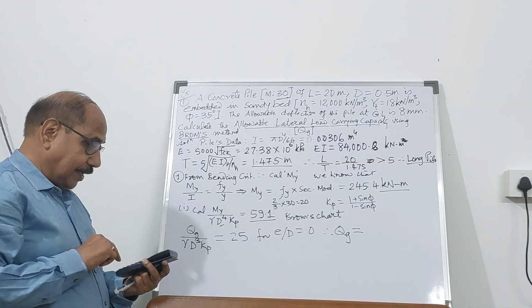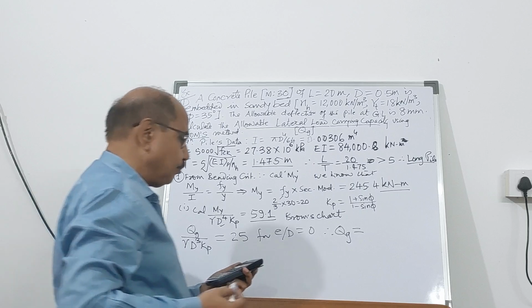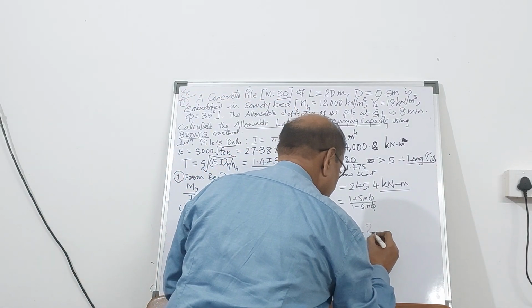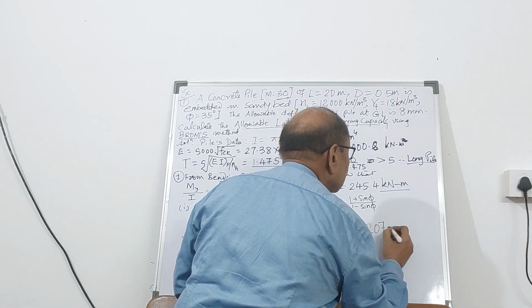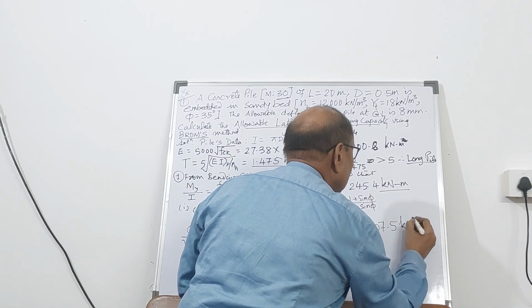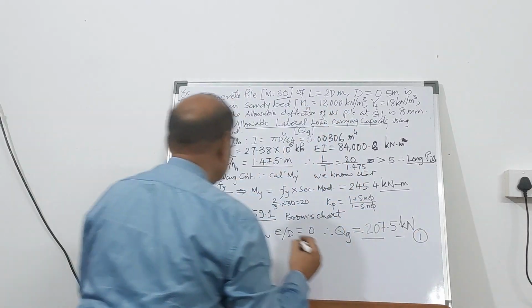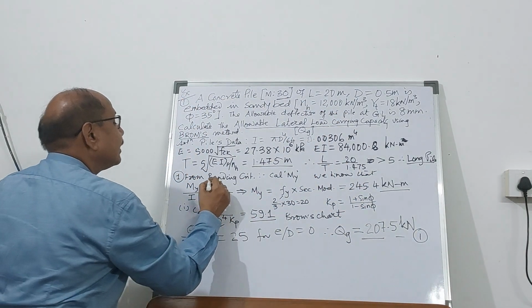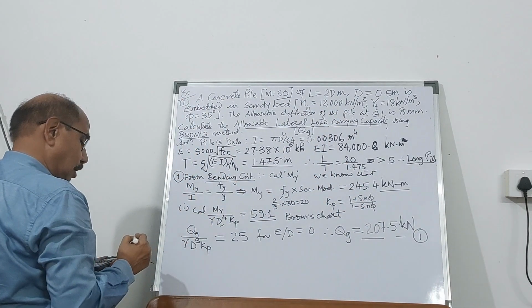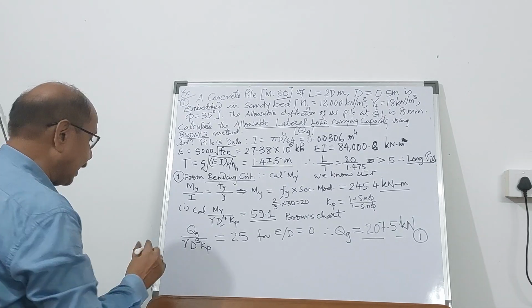So the total value of Qg is 207.5 kilonewton. This is one value you are getting. This is from bending criteria. Now what is the another criteria? Another is deflection criteria.